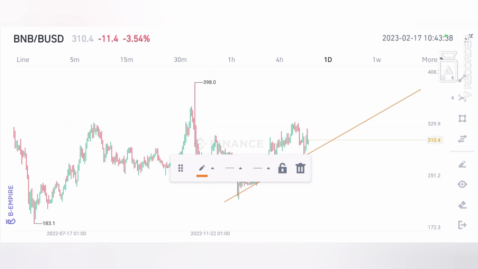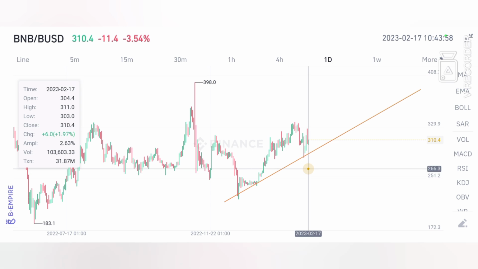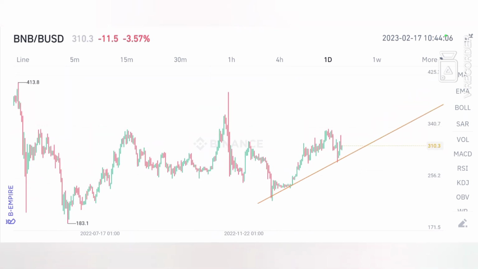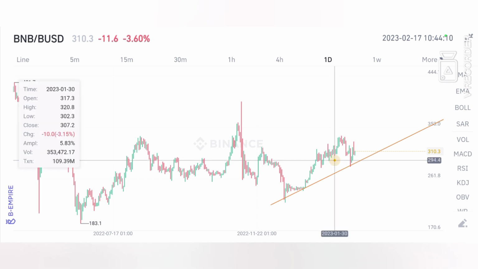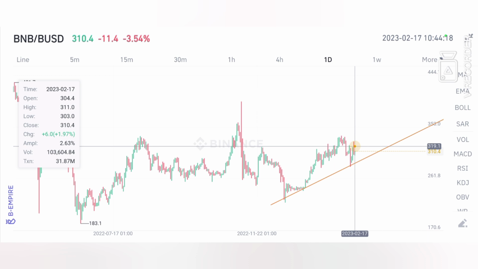Okay, so now we have our trend line drawn for our directional trend. Remember, we're scalp traders, that's why we're using the 1 day time frame as our directional time frame. So now we have been able to identify that this coin is currently in an upward trend.